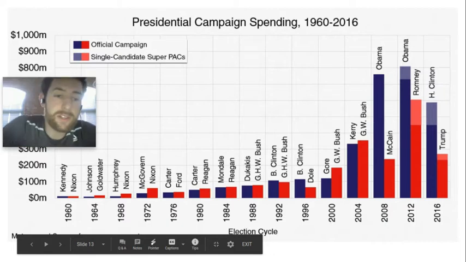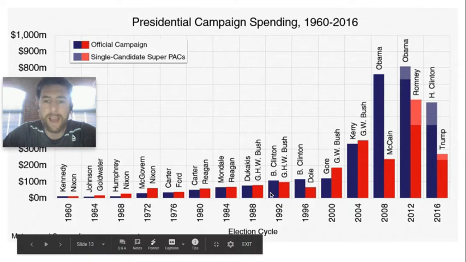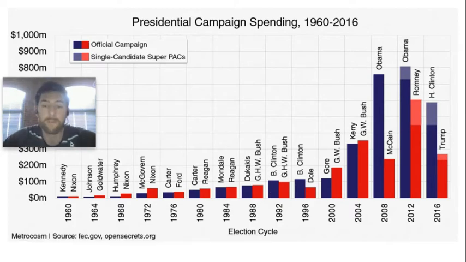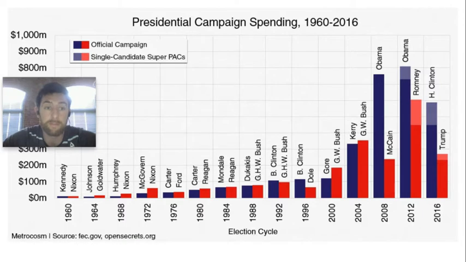As you can see, as time has gone on, people are spending a lot more money. We don't see until 1992 when Bill Clinton, who wins that election, spent over $100 million on his campaign. That's a lot of money in any way that you shape it.